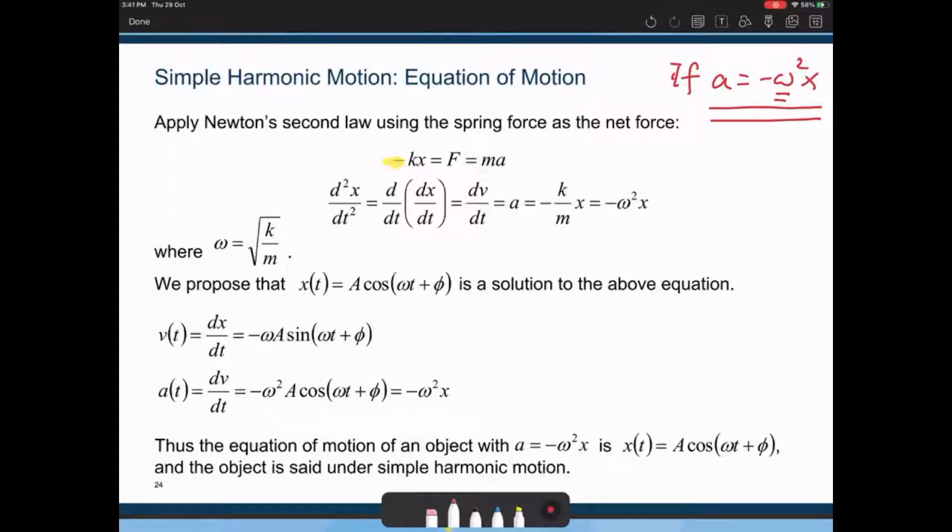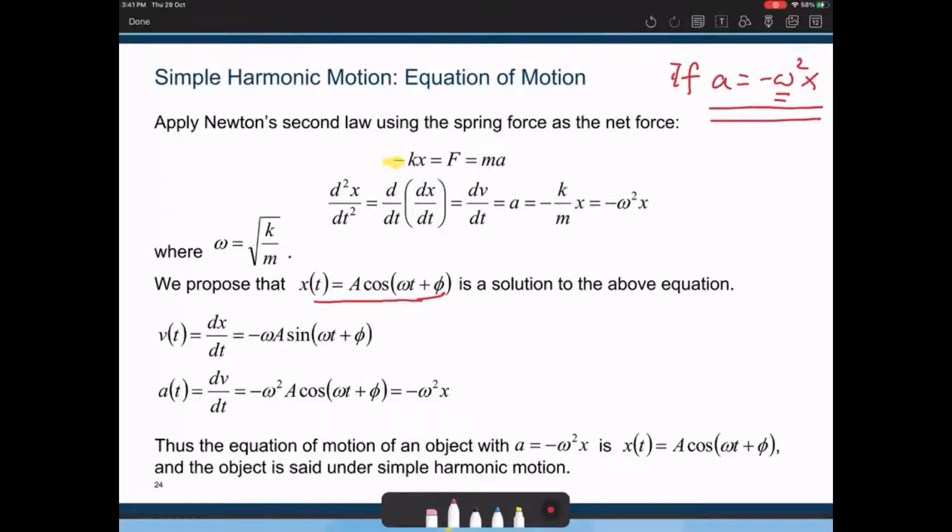The solution for such a simple harmonic motion is basically a sine or a cosine function. Let us, at the beginning, say it is a cosine function. It could become a sine function if you have the phase angle equals to pi over 2 or minus pi over 2. So it is not a big issue. But let us try at least at the beginning, say it is a cosine function.